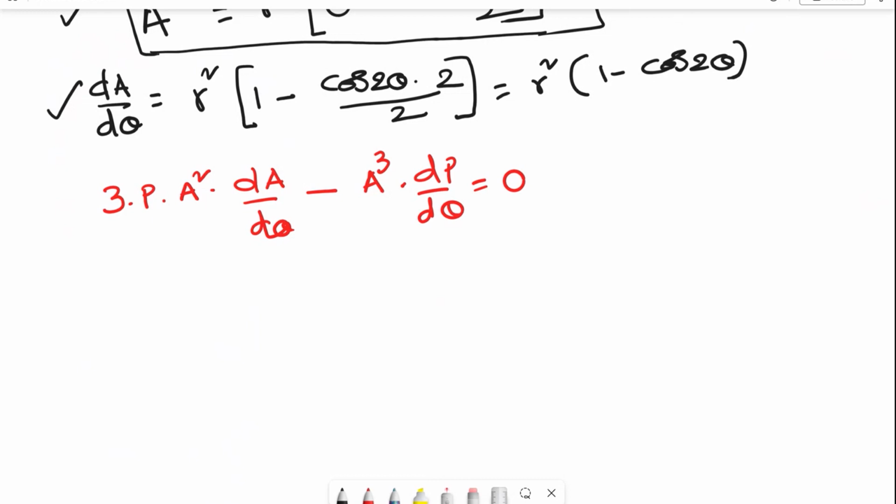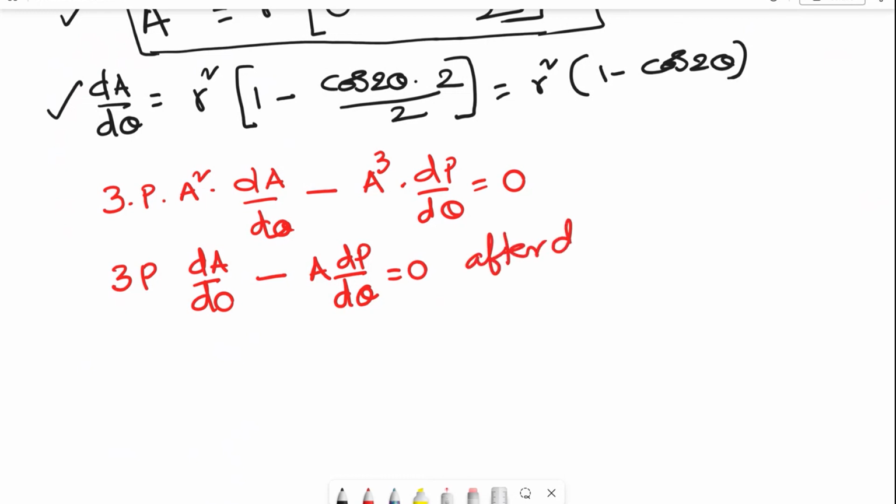So if that is the case, after dividing by A square, it is 3P into dA by d theta minus A into dP by d theta is equal to 0.